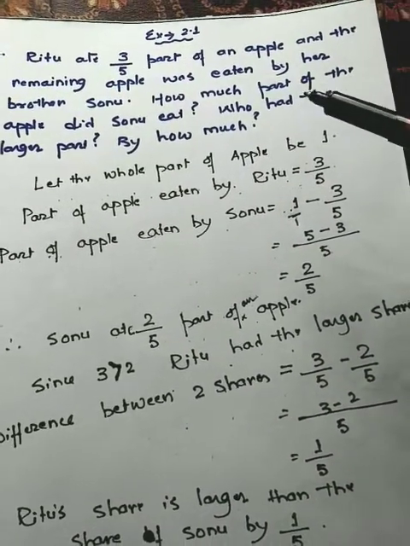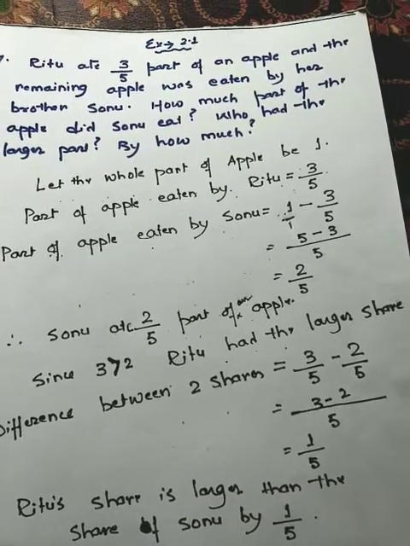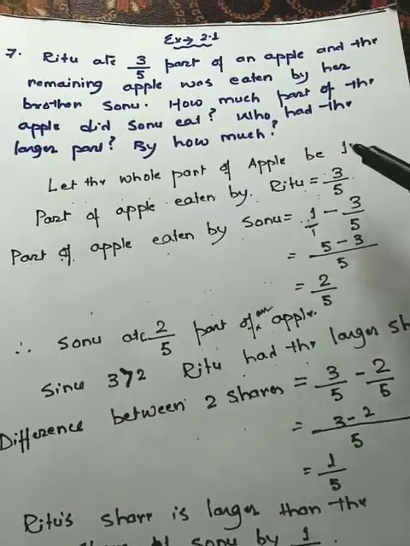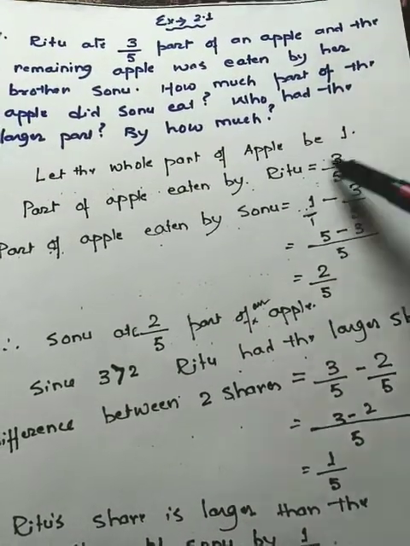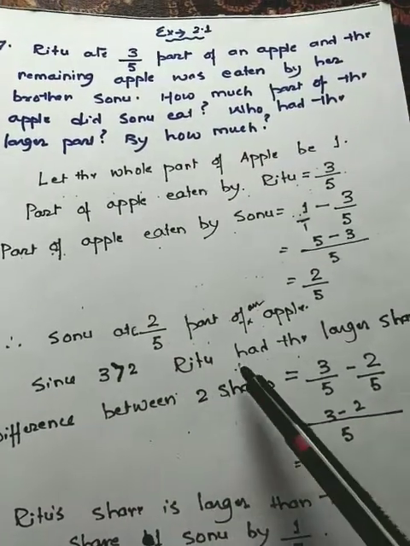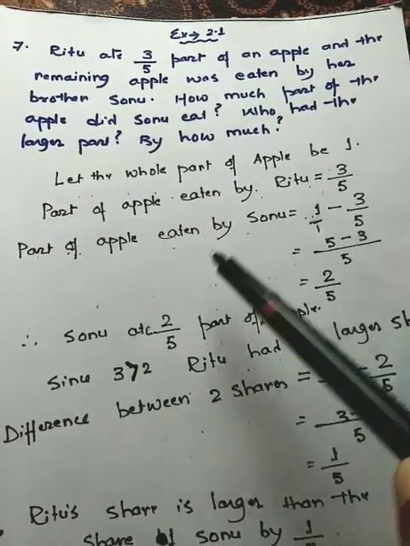I have already discussed that any time you have to compare fractions, you see whether the denominators are the same or not. In this case the denominators are the same, so you just compare the numerators. 3 and 2, so 3 is more than 2. So Ritu had the larger share. 3 by 5 is greater than 2 by 5.